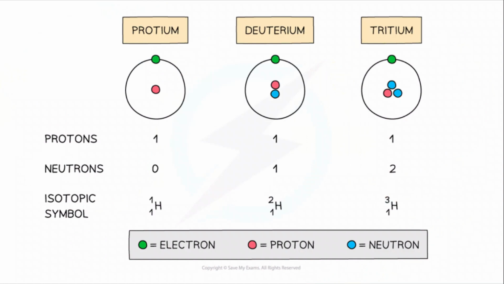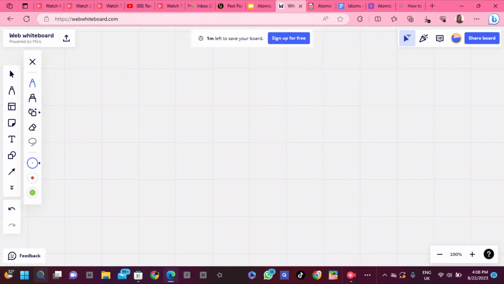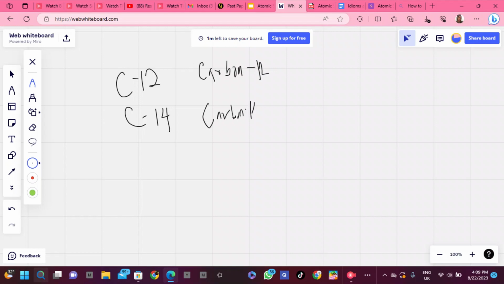For example, for isotope denotation, we could have carbon-12 to represent carbon 12, or carbon-14. Another way, however, would be to write it out completely, carbon with 12, and carbon with 14.